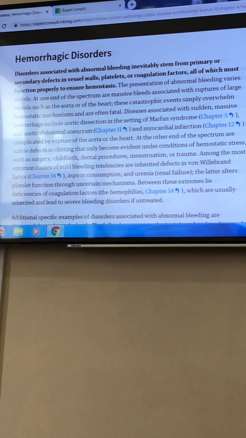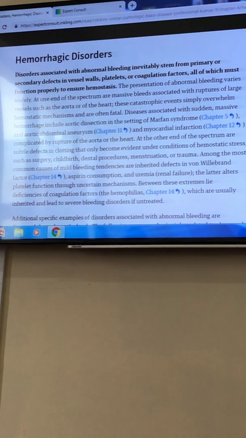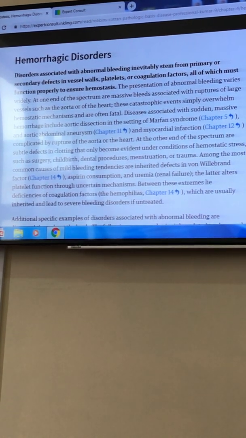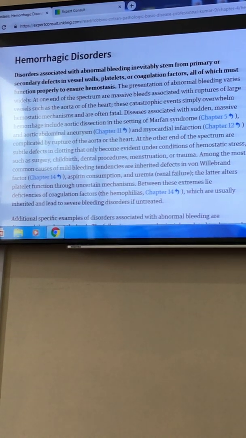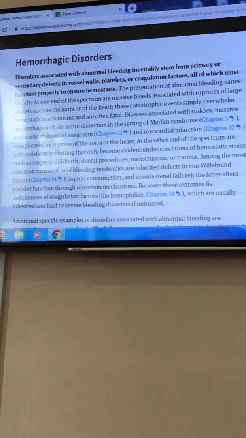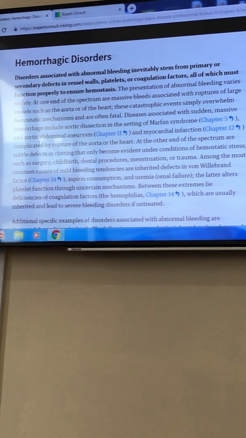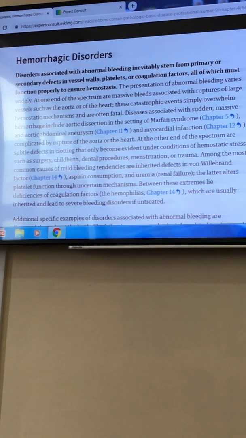Hemorrhagic disorders. So what causes bleeding? If we have a problem in our platelets, including number or function, or we have problems in coagulation factors, or in vessel walls, there will be a risk of hemorrhagic disorder.